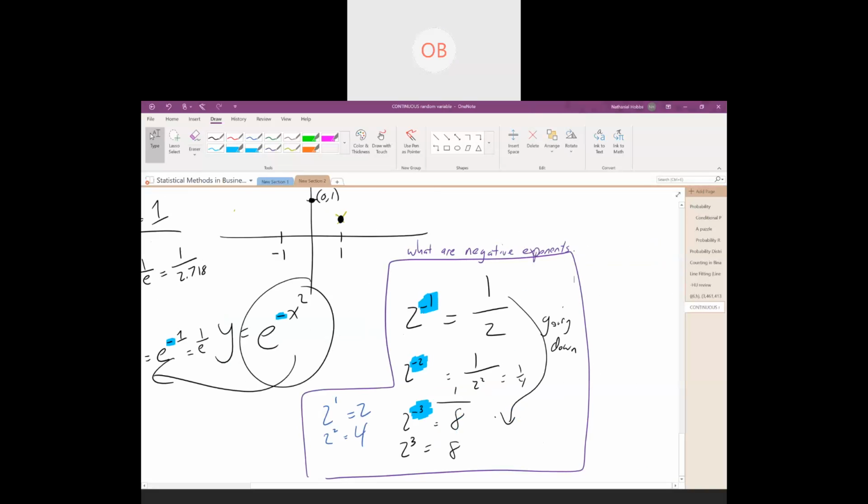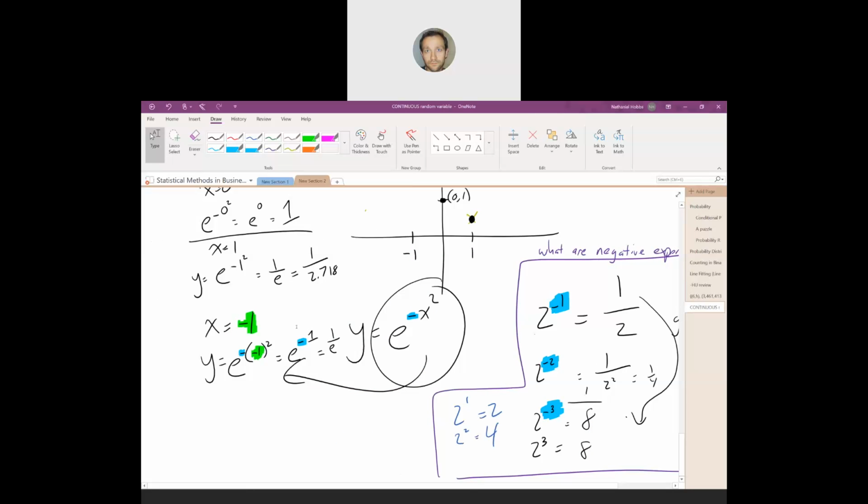So because here on the left, what we care about is that now we have e to the minus 1. And e to the minus 1 is 1 over e. Do you see why that is?